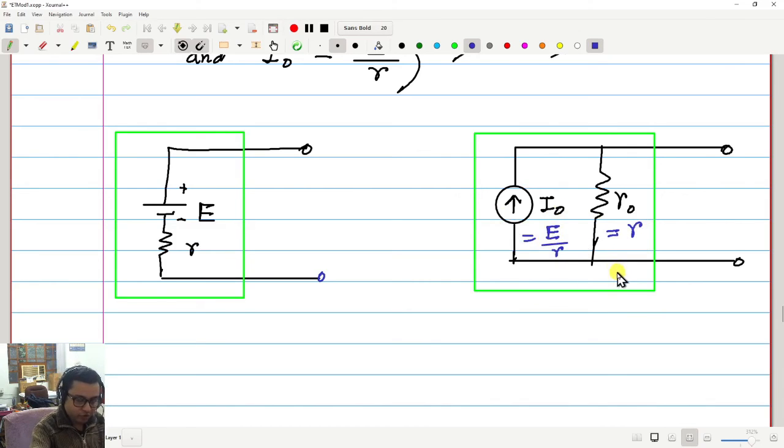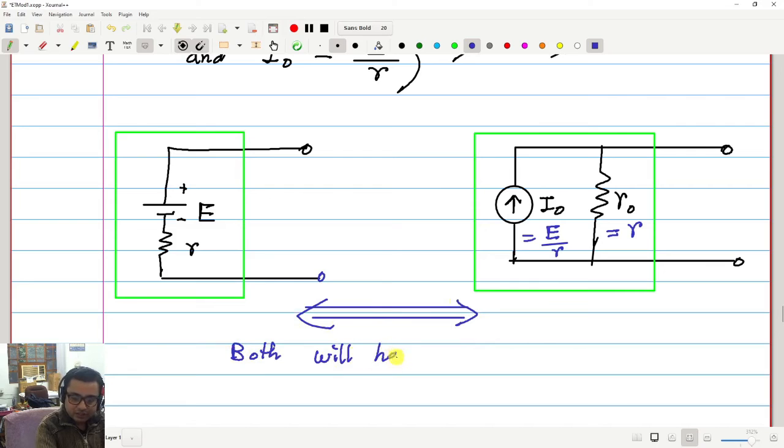If I do so, then for this current source, the voltage versus current graph will be exactly similar to the voltage versus current graph of this voltage source. So both will have exactly same VI characteristics.